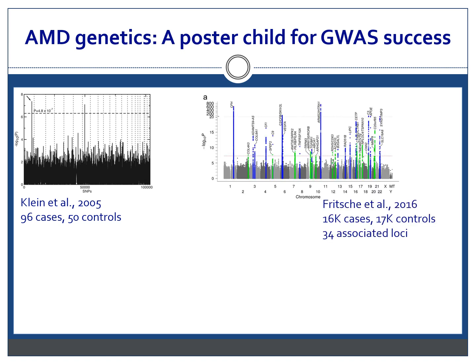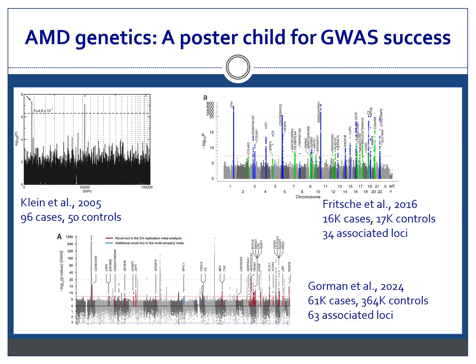In 2016, that number was increased to 16,000 cases and 17,000 controls, which identified 34 associated loci. And most recently, in 2024, 61,000 cases and 364,000 controls have led to the identification of 63 associated loci for AMD.